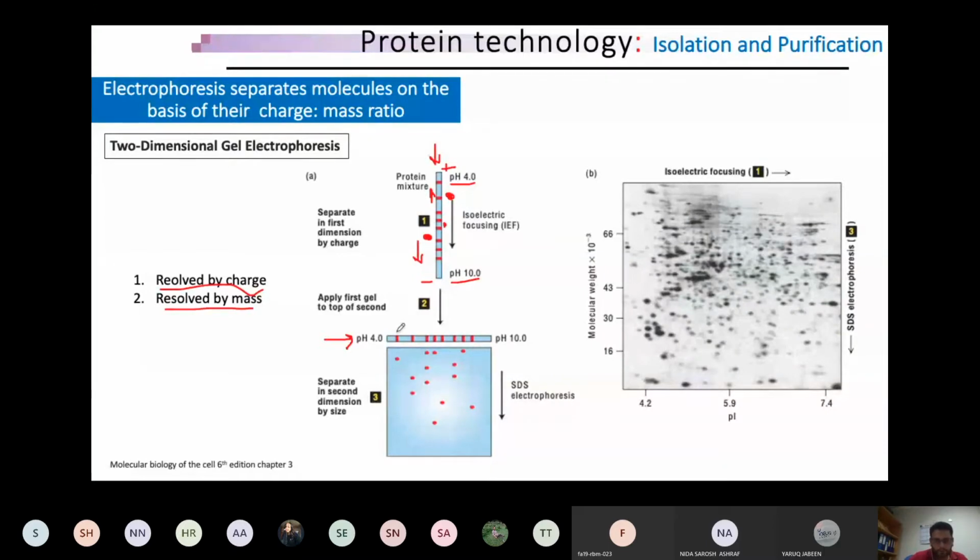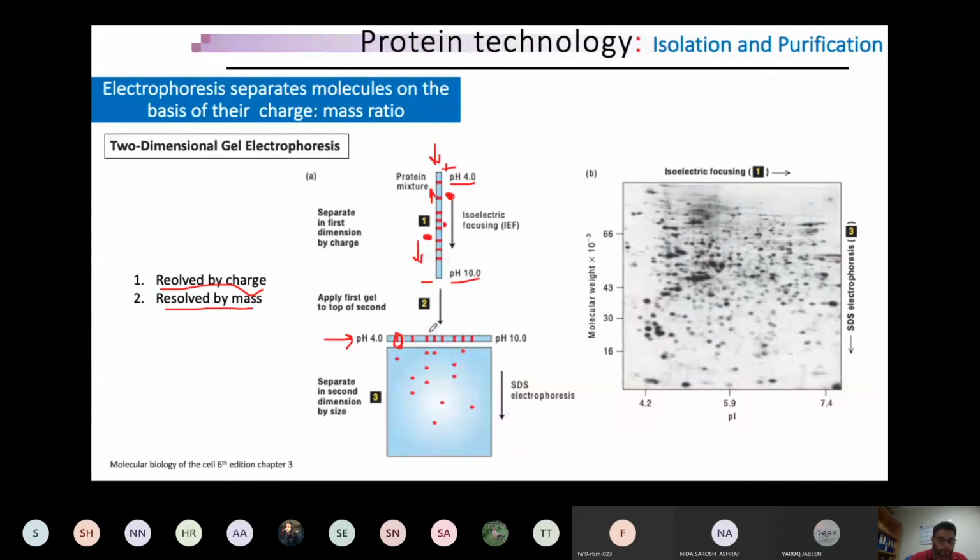and now if, for example, this dot was made up of one protein only, it could be possible that this one has two proteins. Of course they have the same isoelectric charge, but it is hard that both of them could have the same molecular weight.